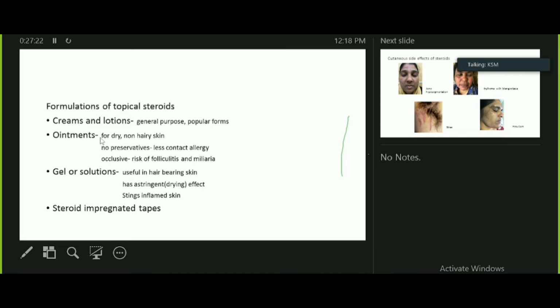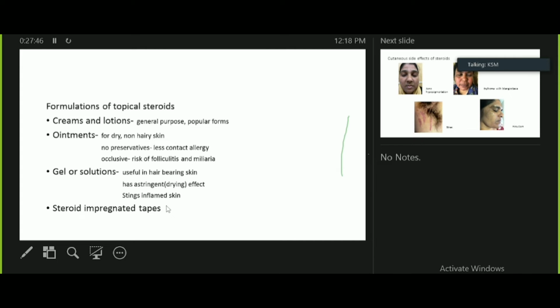Ointments can be used for dry and non-hairy skin. They don't contain preservatives, so there is less chance of allergies. But because ointments are very occlusive, the risk of folliculitis and sweat rash is high. Gels or solutions can be used for hair-bearing skin, and then we have steroid impregnated tapes also.